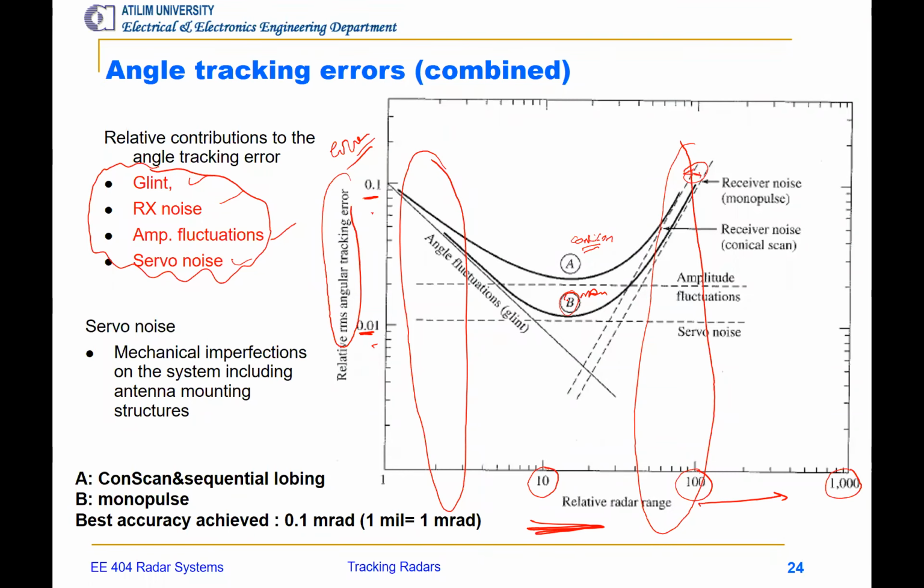The reason for this is amplitude fluctuation, as you can see. In conical scan, we have amplitude fluctuation. In sequential lobing, we have amplitude fluctuation, because these are not tracking systems which use simultaneous beams. They are switching between the beams, or they are rotating the beams.